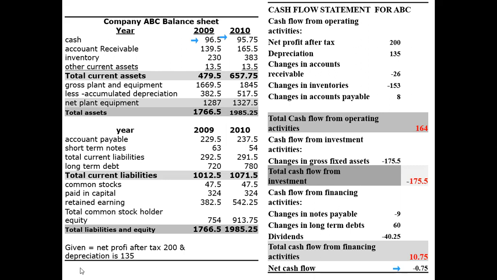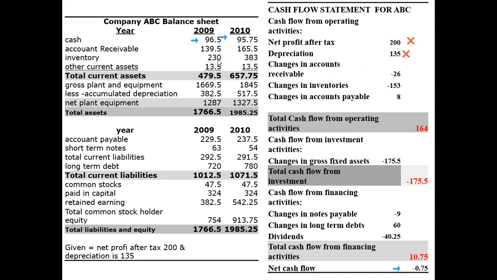Let's proceed to the operating activity and see how it looks. We start with the net income, which is given at the bottom of the income statement, and then the depreciation.